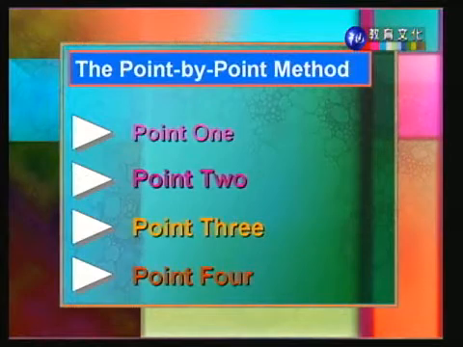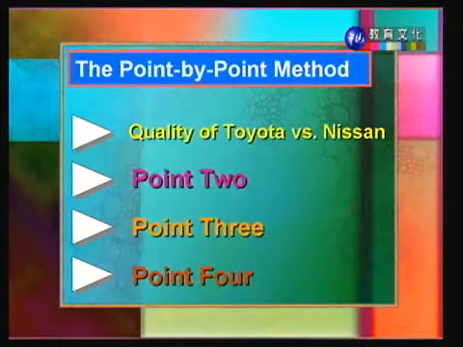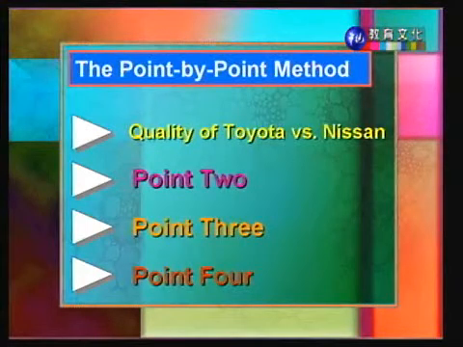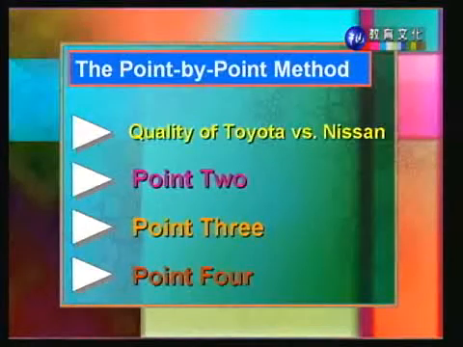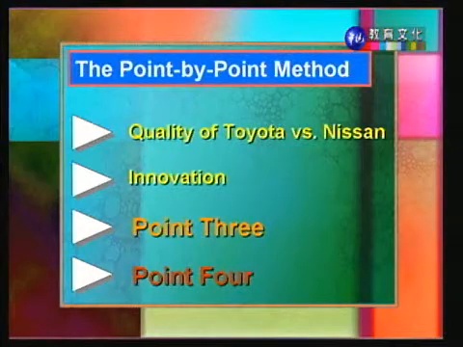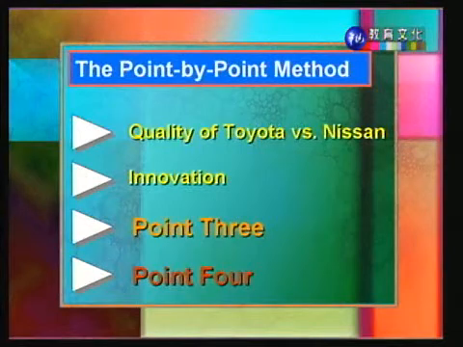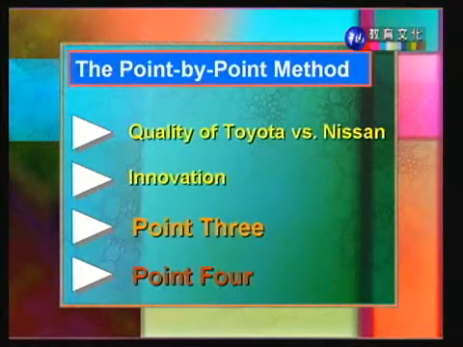Let's make this example more concrete again with our Nissan and Toyota cars. For our first point, we could compare the quality of Toyota versus Nissan cars. In our second point, we could make this about innovation, comparing the innovation of Toyota versus the innovation of Nissan.